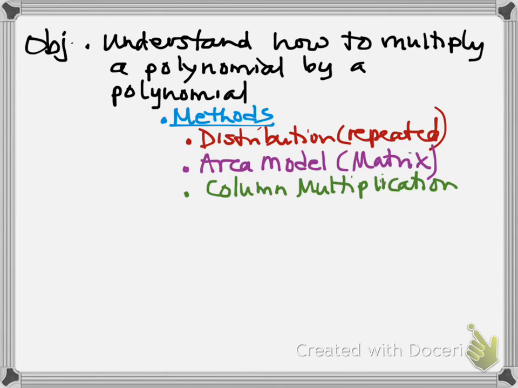And so there's not going to be a whole lot of writing down these words. It's going to be more, let's look at these methods and apply them to a problem. Okay? So here's the one thing that's going to be true no matter what method you use.